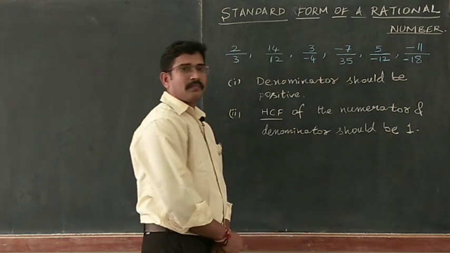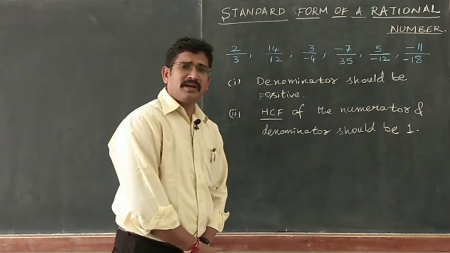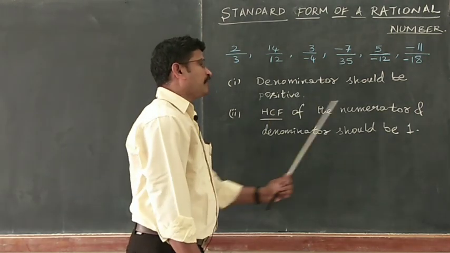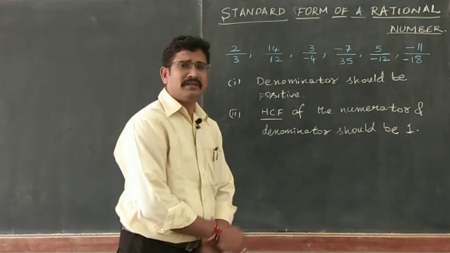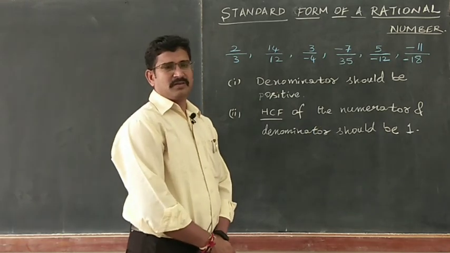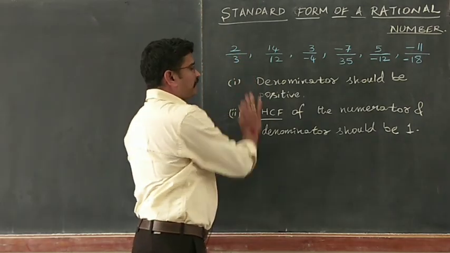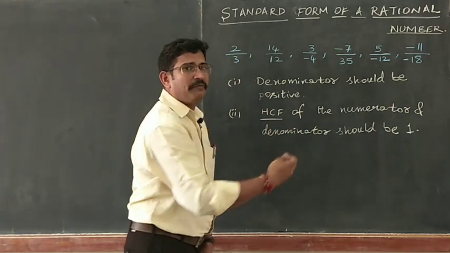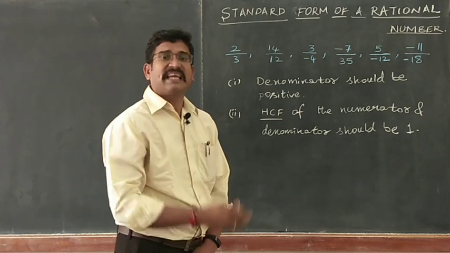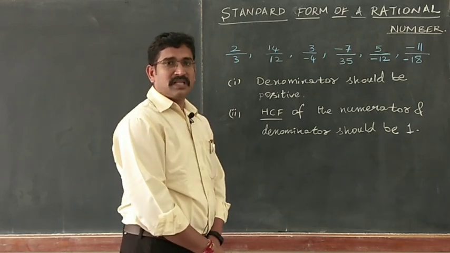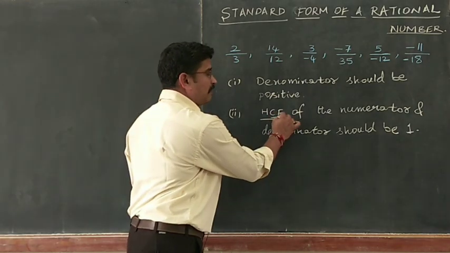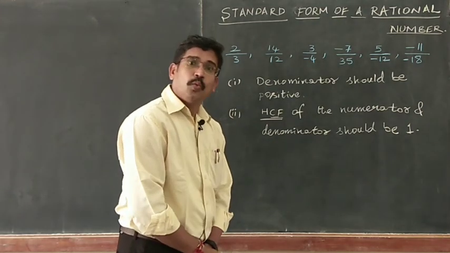What is the meaning of this? HCF of numerator and denominator should be 1. In simple terms, they cannot be further simplified by cancelling their common factor. Their common factor must be 1.